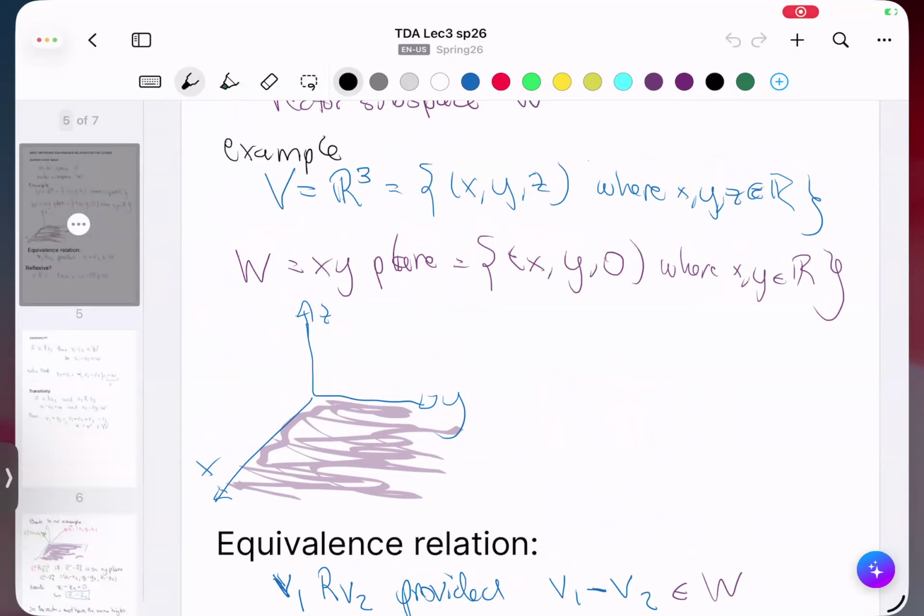And so what does it mean for the difference of two vectors to be inside R2? The condition for being in R2, on the xy plane, is for the third coordinate to be 0, right?